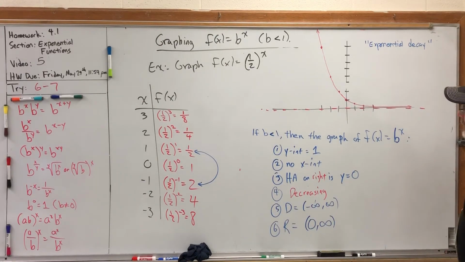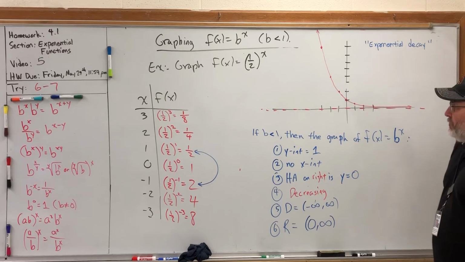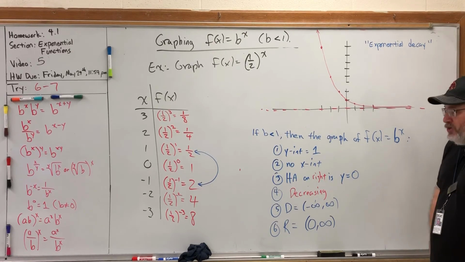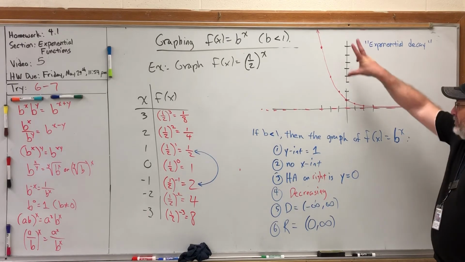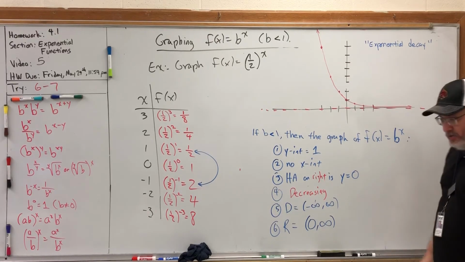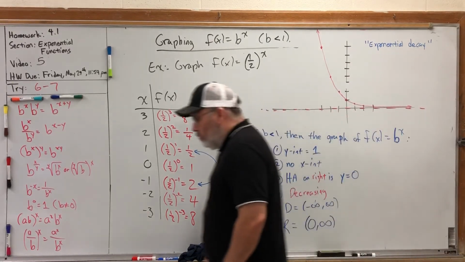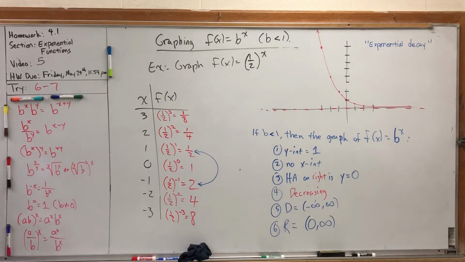So if an exponential function's base is less than 1, then its graph models what's known as exponential decay. If it's greater than 1, then its graph models exponential growth. In the next two videos, which should be the last two, we'll talk about taking these graphs and moving them around and maybe flipping them as well.